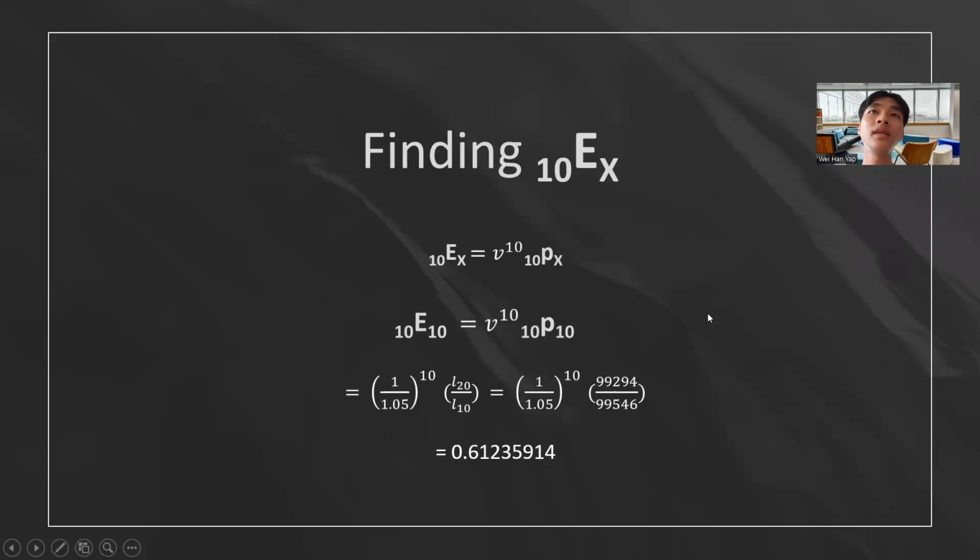The next one is the 10Ex. It's pretty much the same as 5Ex, just that the power is different. The formula is v to the power of 10 and then 10px. In our case again, we are choosing 10. 10E10 equals v to the power of 10 times 10p10. What is 10p10? 10p10 is l20 divided by l10.